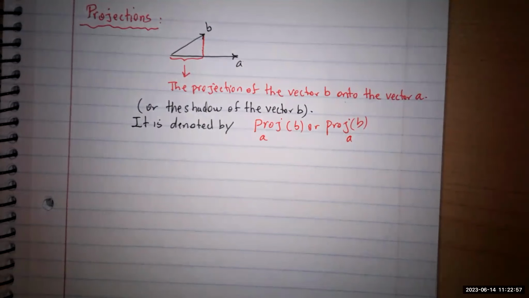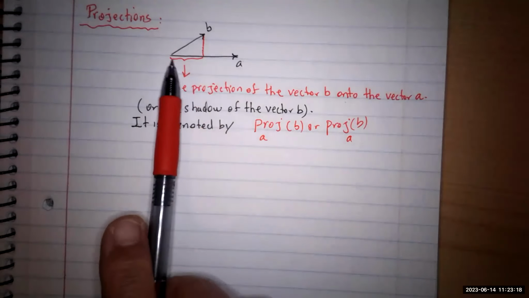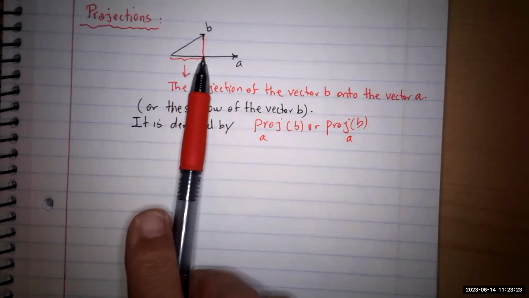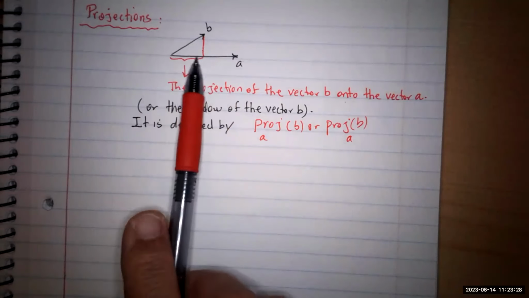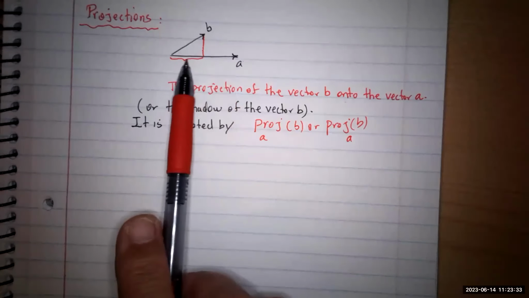Okay, so we would like to find a formula in order to do it. So let's see how we're going to find it. Let's get the relationship between that projection, which is going to be this segment, and the vector A. As you can see, that projection is going to be along the vector A, so they are parallel to each other.